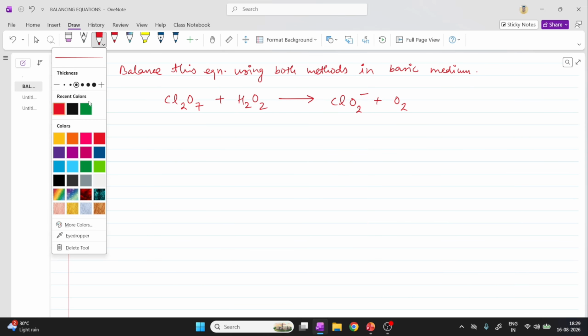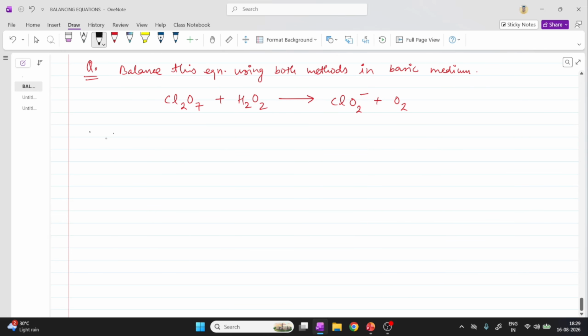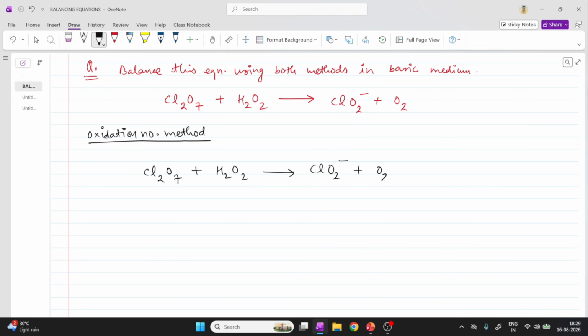First let us take the oxidation number method. Now I'm not writing the steps. So just write this equation: Cl2O7 plus H2O2 gives ClO2 minus plus O2. Fine.